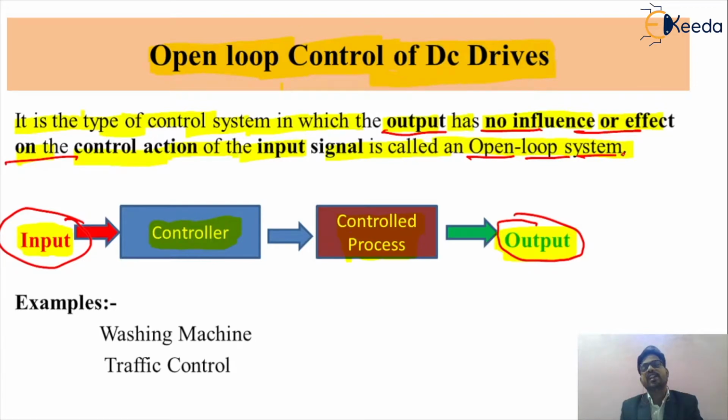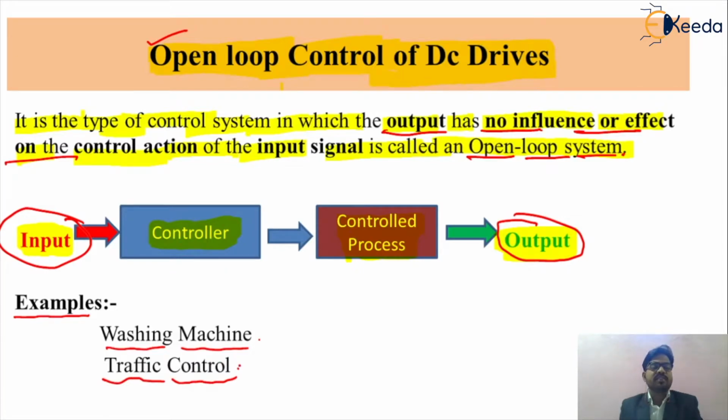In day-to-day life, this is called manual operation of your drive. We can take examples: one day-to-day example is a washing machine, which is basically operated as an open loop control system. The second example is traffic control.